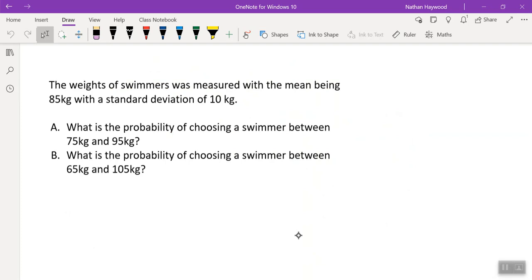The weights of the swimmers was measured and I found a mean of 85 kilograms, standard deviation of 10 kilograms. What is the probability of choosing a swimmer between 75 kilograms and 95 kilograms? Most of you figured it out. So we've got the mean plus 10 kilograms. What's that equal?